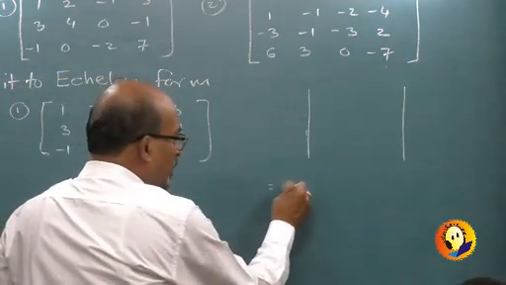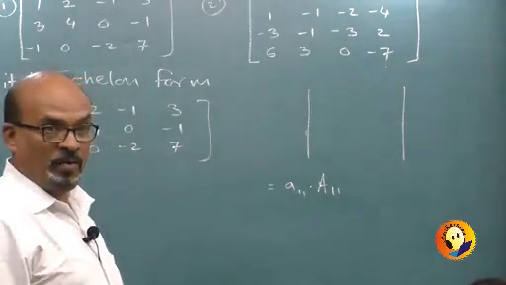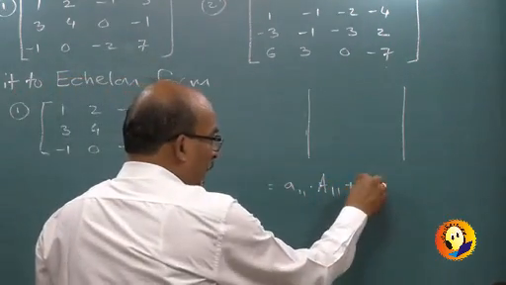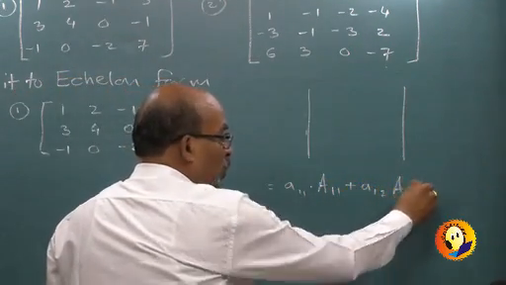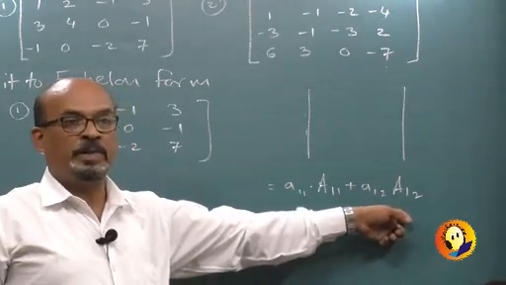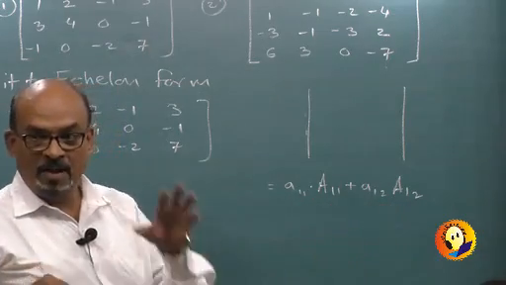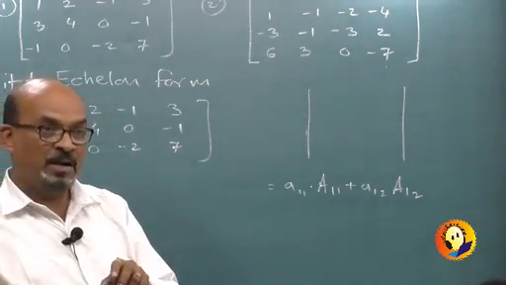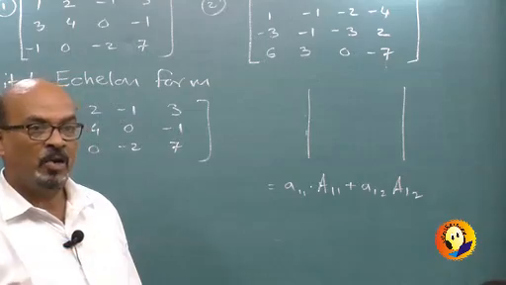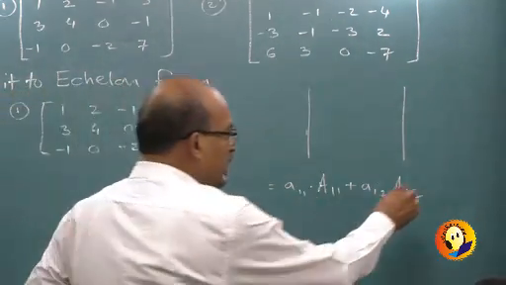The answer would have been A11 into its cofactor, plus A12 into its cofactor, with a negative sign because A12 comes out to be negative. Otherwise in our formula we have first element minus second plus third, so that is taking care of the sign of that particular cofactor.